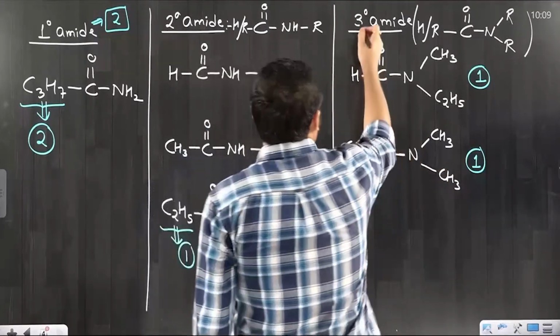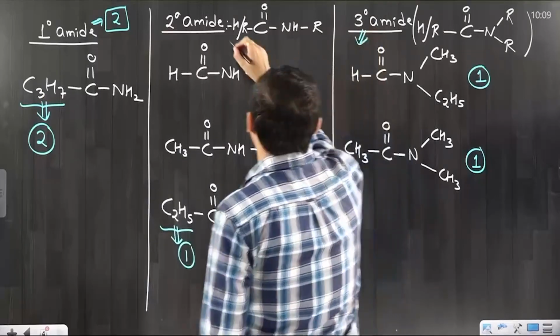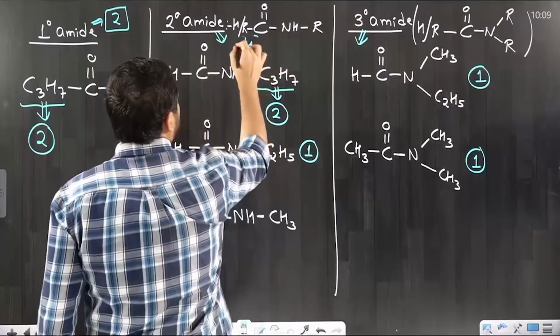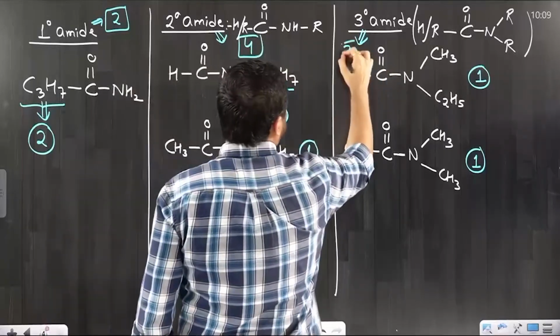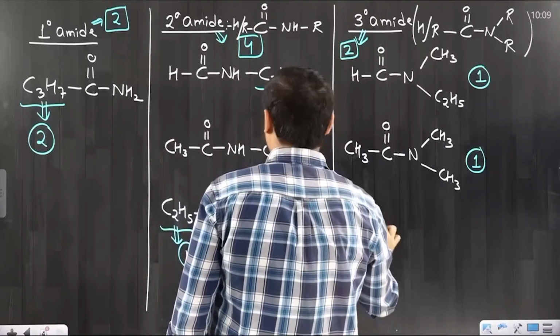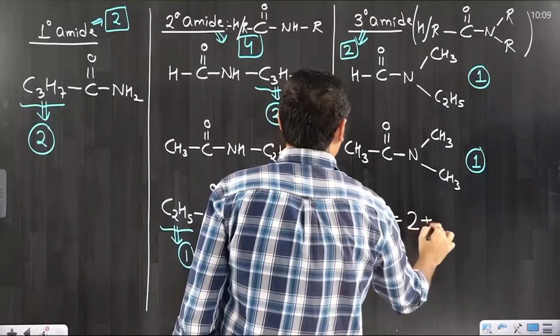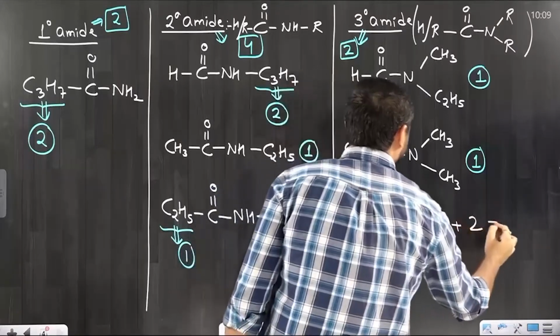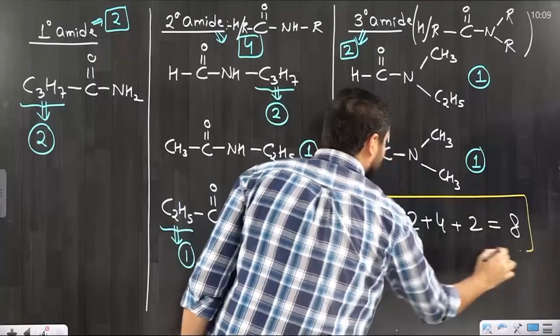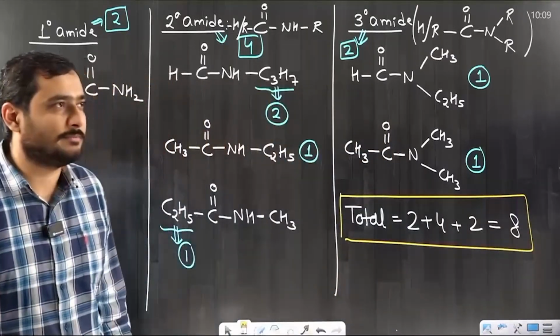So how many secondary amides or tertiary amides are possible? Secondary, count 1, 2, 3, 4. How many tertiary? 2. So if they ask how many total isomers are possible, 2 primary, 4 secondary and 2 tertiary. So what is the answer for this total? 8 structural isomers are possible.